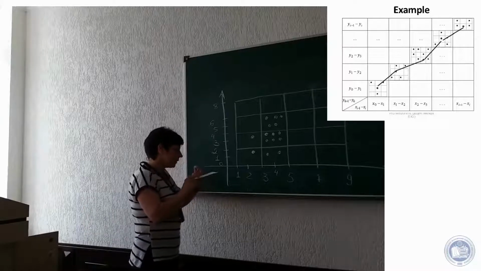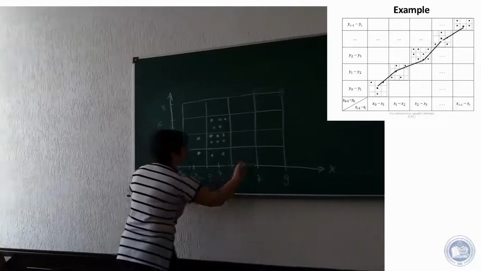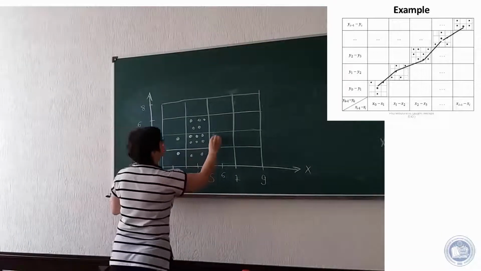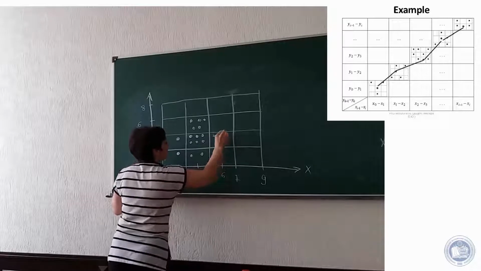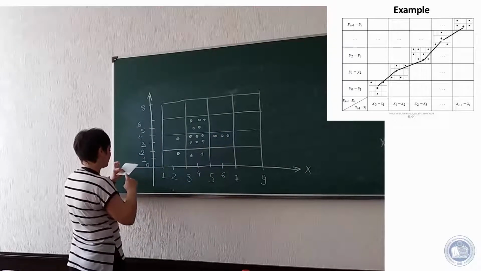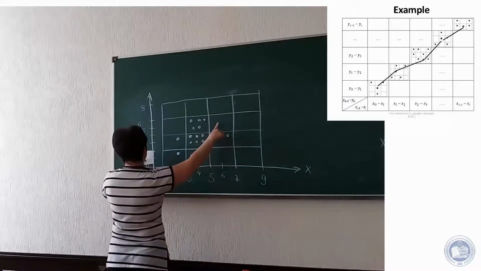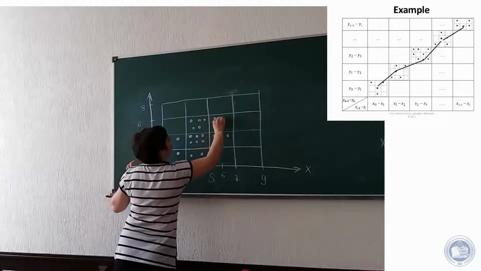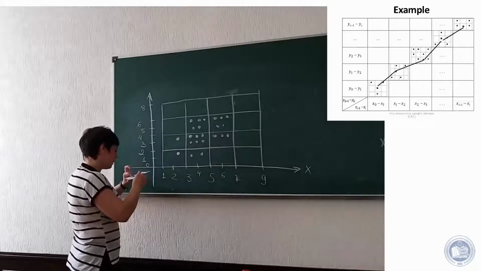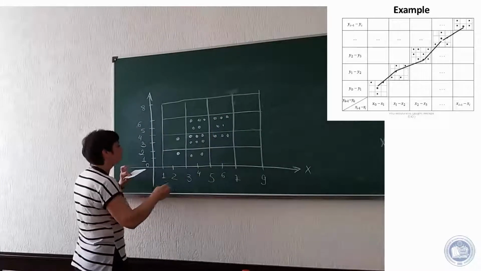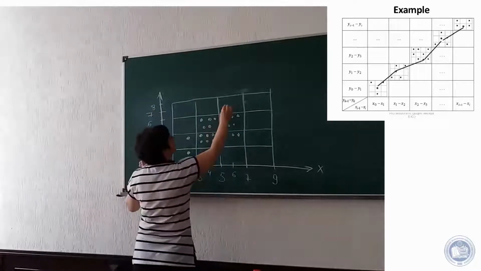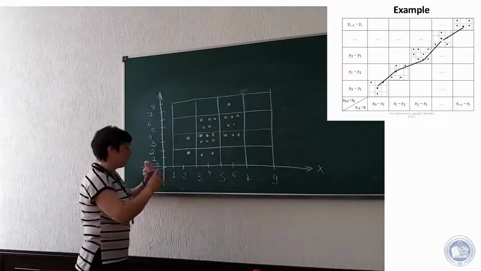Next, x equals 6. Students, x equals 6 and y equals 3. How many points? 3, okay. Next, x equals 6, y equals 5. How many? 5, okay. And x equals 6, y equals 7. How many? 1, okay.